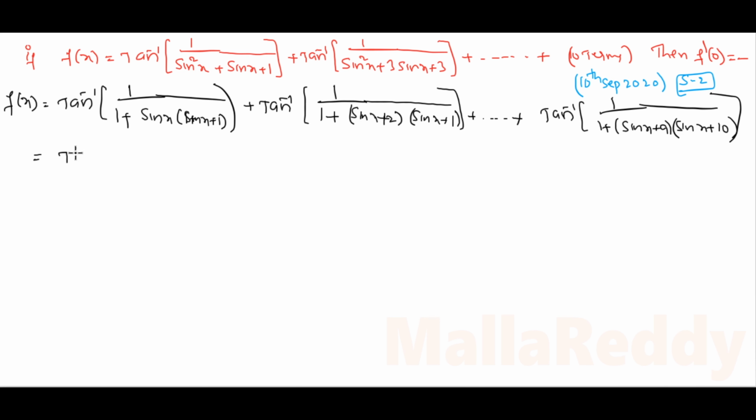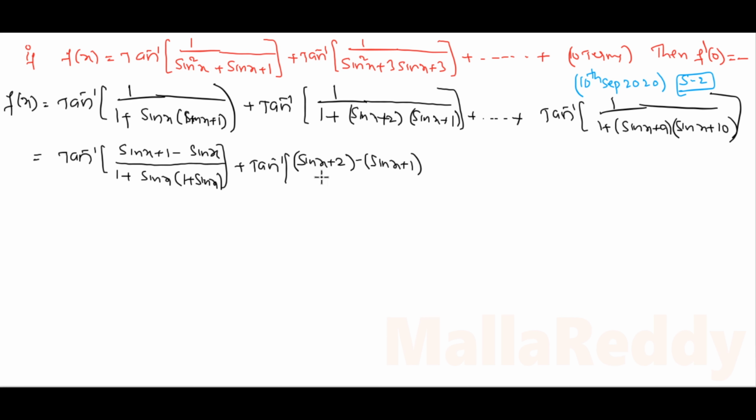So f of x is equal to tan inverse of, this one is written as difference of these two, that is sin x plus 1 minus sin x by 1 plus sin x into 1 plus sin x, plus tan inverse of, in the numerator this one is also written as difference of these two, that is sin x plus 2 minus sin x plus 1 by 1 plus sin x plus 2 into sin x plus 1, plus up to dash dash tan inverse of.